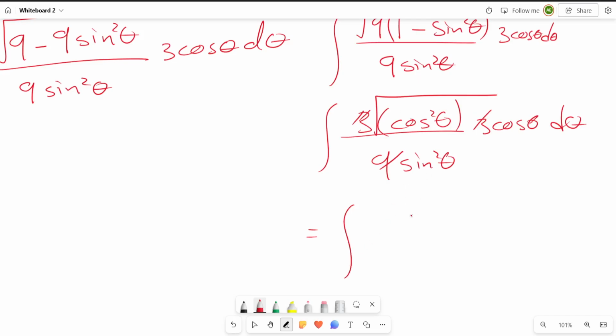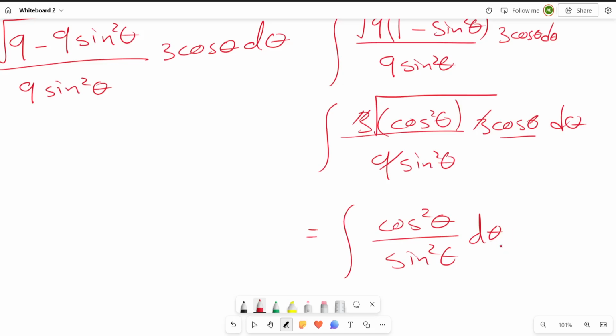So we have the integral of the square root of cosine squared, which is cosine theta, and then I have another cosine theta here. When I multiply them together it becomes cosine squared theta over sine squared theta. This is what I have till now.